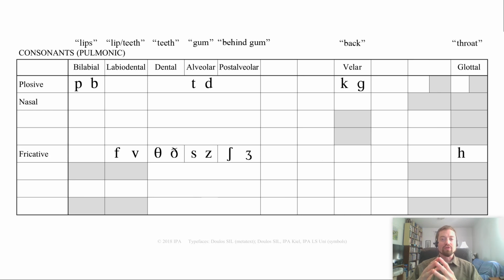With a nasal, instead, once you make that full closure, you breathe out, but you open your nose. You let the air flow out your nose. So there's no explosion, the mouth stays closed, and the air comes out the nose.